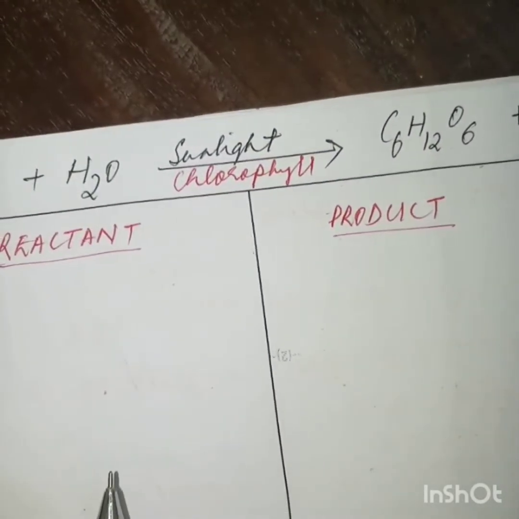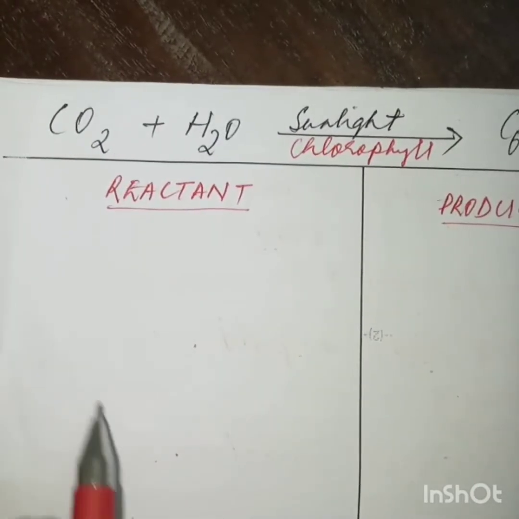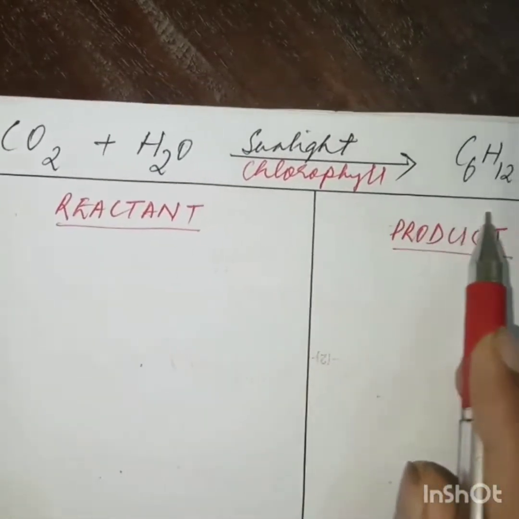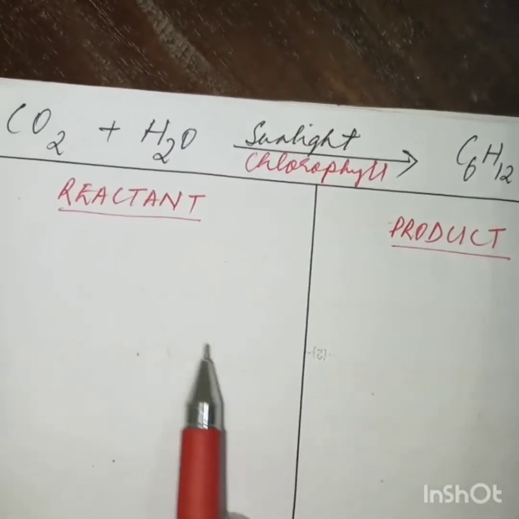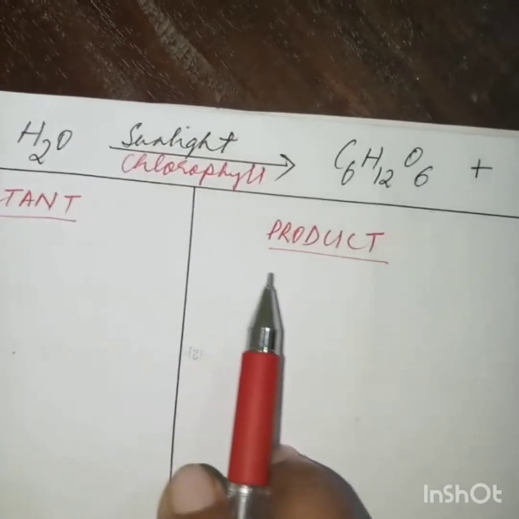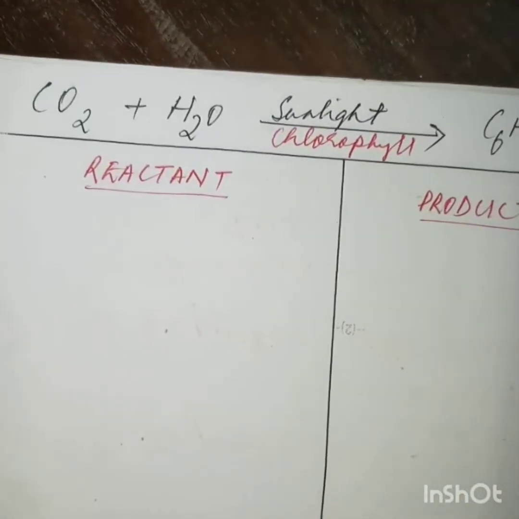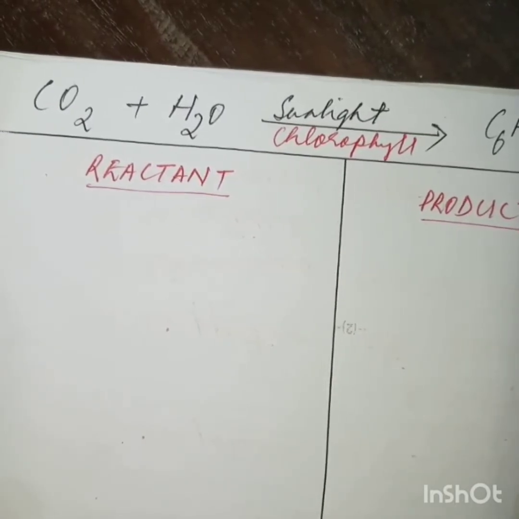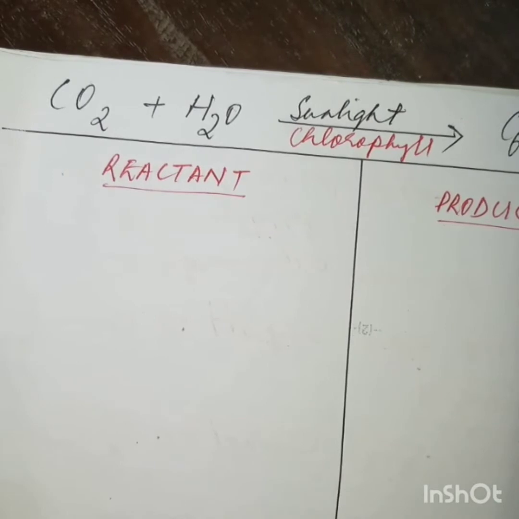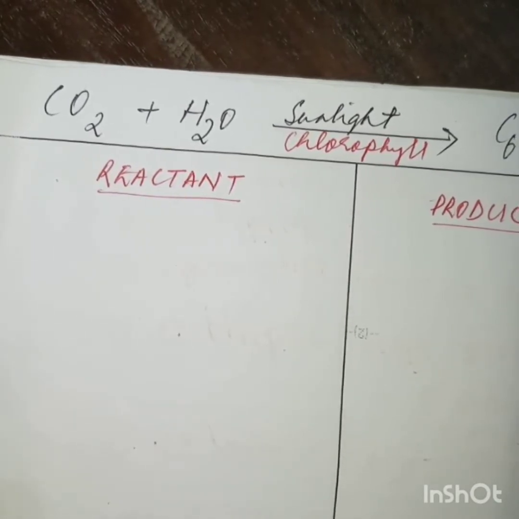First of all, to balance the chemical equation, you should draw a T, like I already did, so that you can separate the reactant and the product. And before proceeding to the procedure, you should check which side has the larger compound.